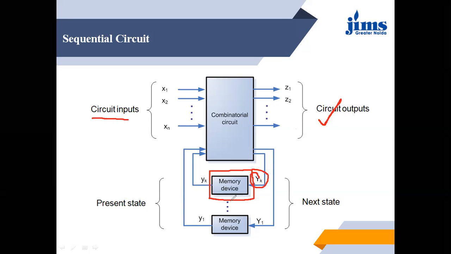We studied that in a combinational circuit there is no need of memory because the output of the device is completely based on the current input. So this is the block diagram of a combinational circuit. In this there is no need of memory.